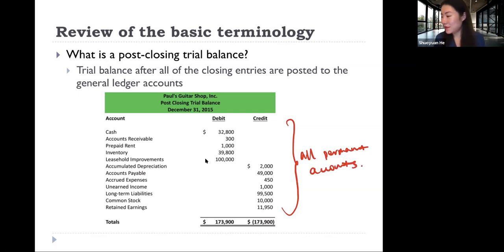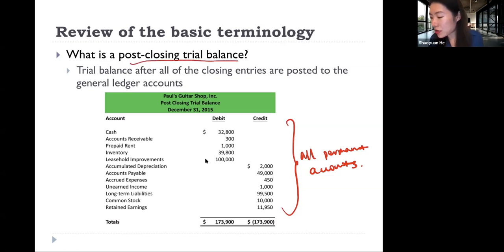Why? What happened here? Where did all of the temporary accounts go? All of those temporary accounts have been closed into retained earnings, which is a permanent account. So there's no temporary account here.